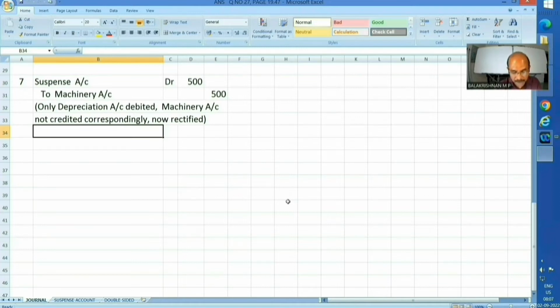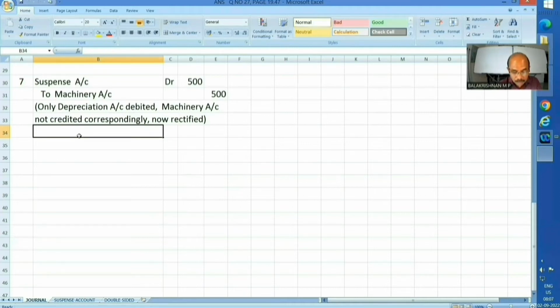Depreciation, it is implied, has been properly debited, whereas machinery needs a credit. So single-sided error. Suspense account debtor rupees 500 to machinery account 500. Depreciation account debited, machinery account not credited correspondingly, now rectified.